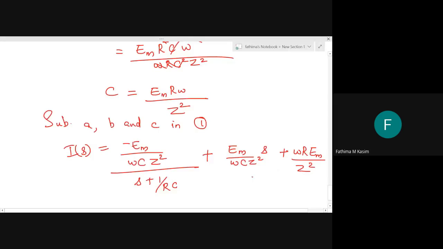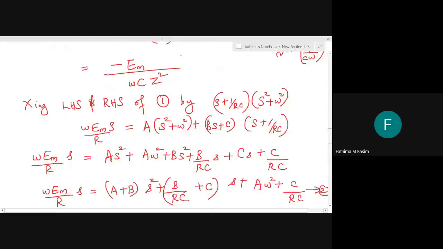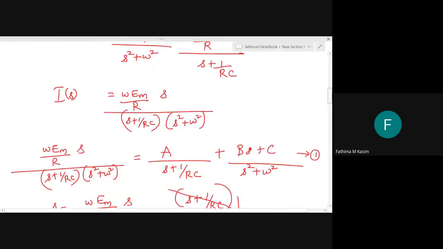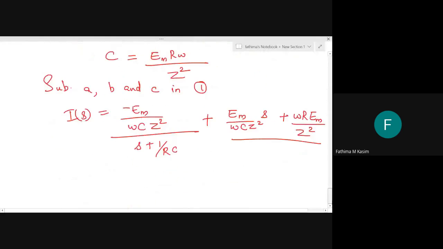So this is Bs plus C divided by, in equation 1 the denominator was S square plus omega square. So we are writing S square plus omega square. So now this is our I of S.